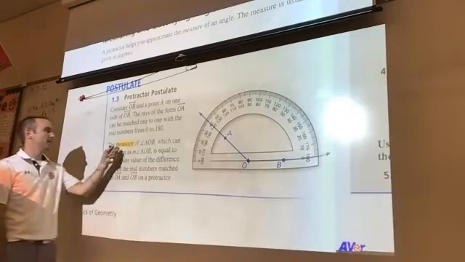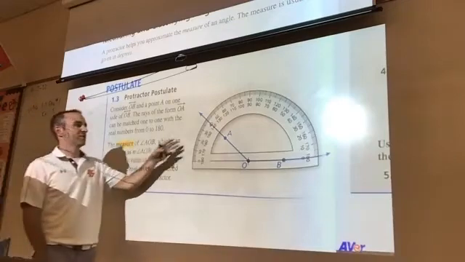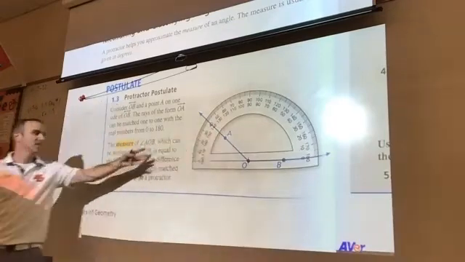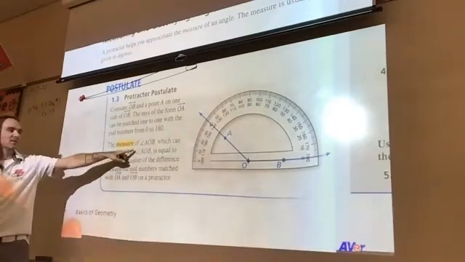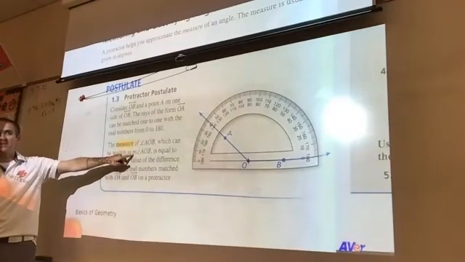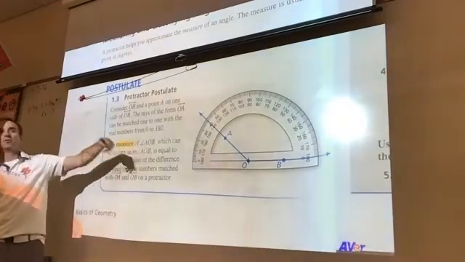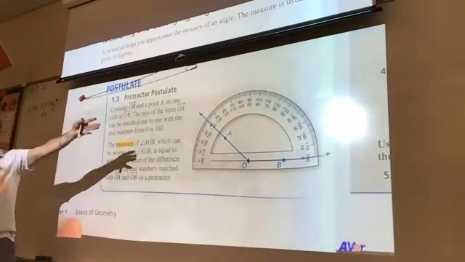The thing to point out here, the measure of an angle is just how many degrees it is, but we list it slightly differently. When you see an M in front of that angle sign, that stands for measure. So the measure of angle AOB would be equal to 140.